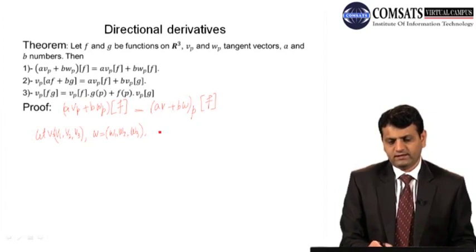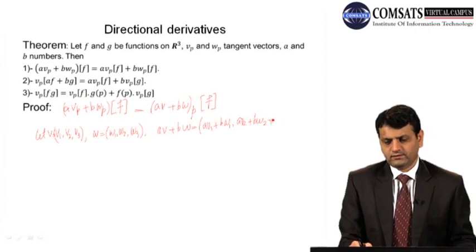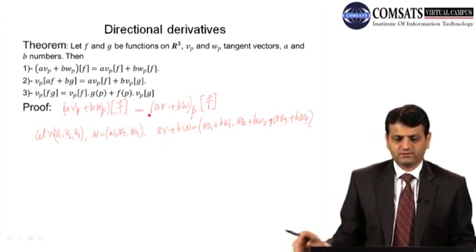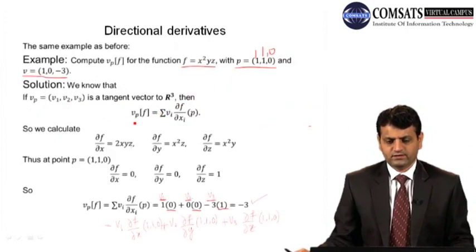Then for scalars A and B, AV plus BW is given as AV1 plus BW1, AV2 plus BW2, and AV3 plus BW3.